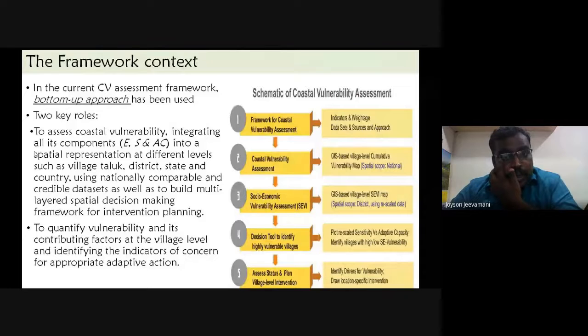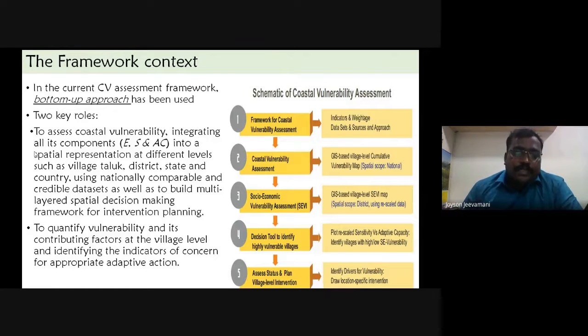So the 2 key roles of this framework are, one I already told, to assess the coastal vulnerability by including all the 3 determinants, that is exposure, sensitivity, and adaptive capacity, at a spatial level, starting from village, taluk, state, and upgrading to country level, using nationally comparable and credible data sets.